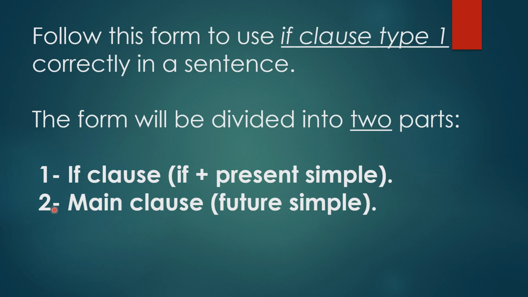The second part, the main clause, is the future simple, that we use will in, which you have actually studied last week, I think, or maybe the one before it. So first one, if clause, second part, main clause. Let's get to know them better and in detail.